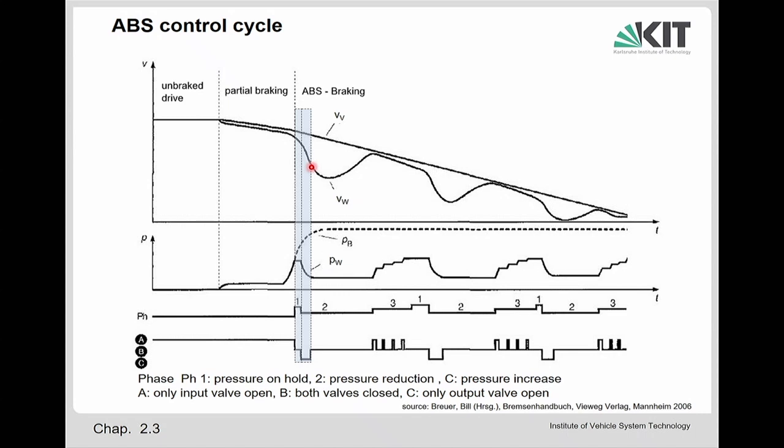There's still acceleration, but it's reduced, and it passes again this threshold, and then the outlet valve is closed, and then the pressure is kept constant for a while. So that means here again we are in the mode 2, which means both valves are closed.